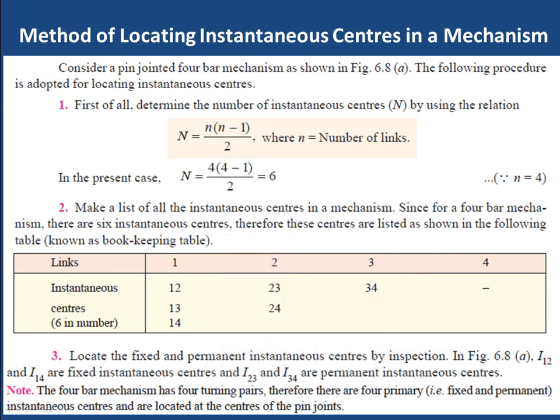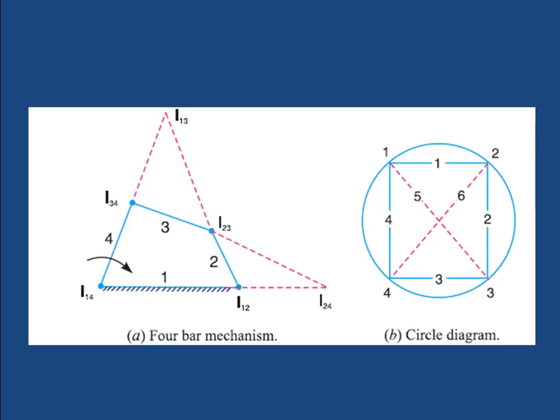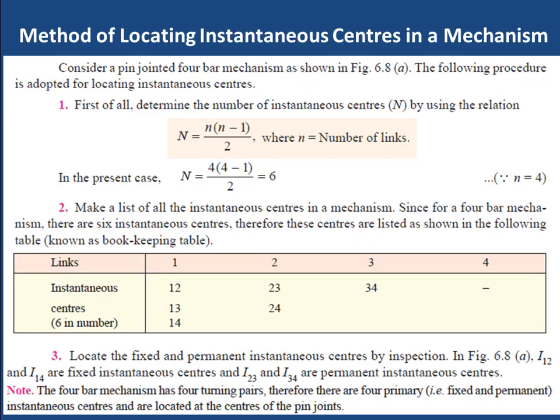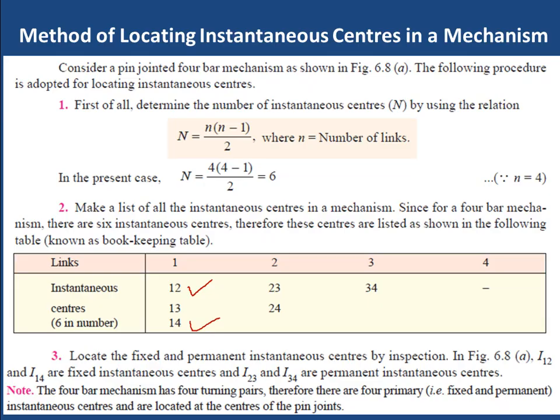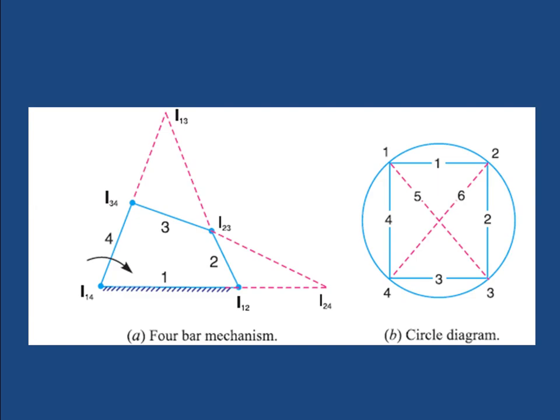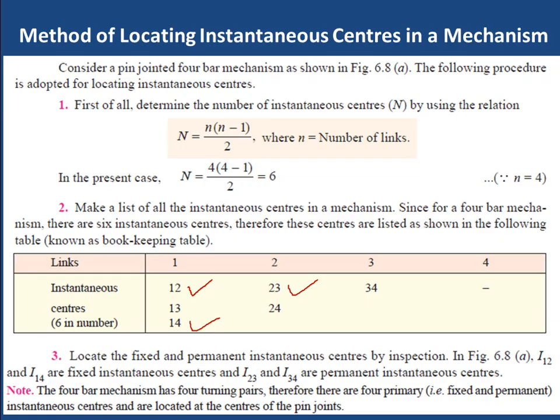First I got I12, I14, so I will tick mark I12, I14. Then 2, 3 is also there, so 2, 3. Then 3, 4. So these 4 are directly available on the mechanism.